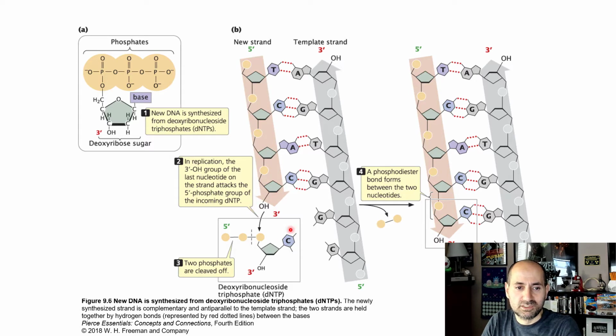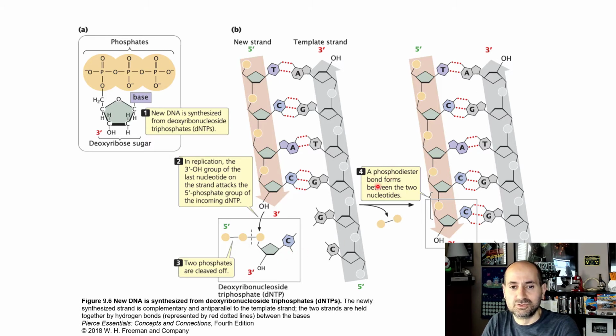And polymerase, what it does is it takes those dNTPs like ATP, GTP, CTP, TTP. It takes those nucleotide triphosphates, it cleaves off two of the phosphates, and as a result uses that energy to link the nucleotides together with phosphodiester bonds.